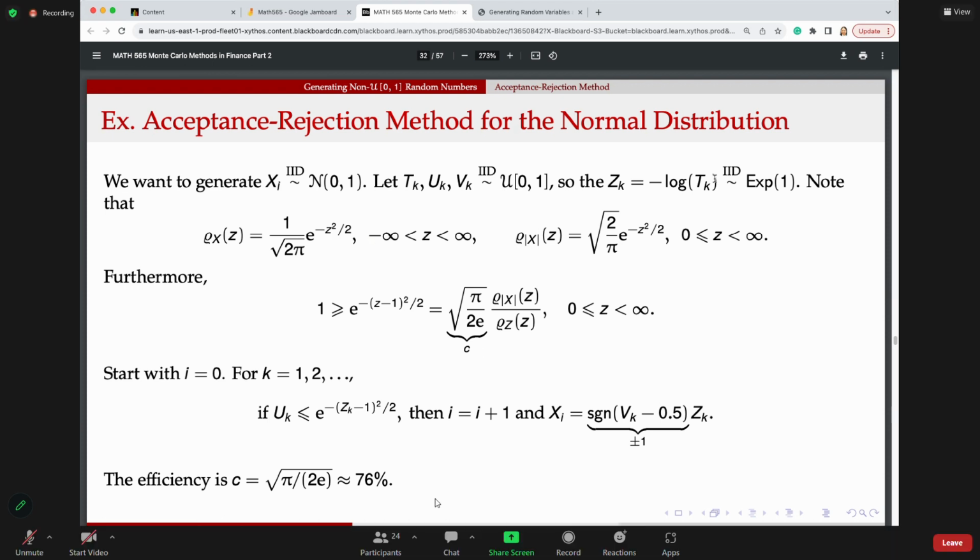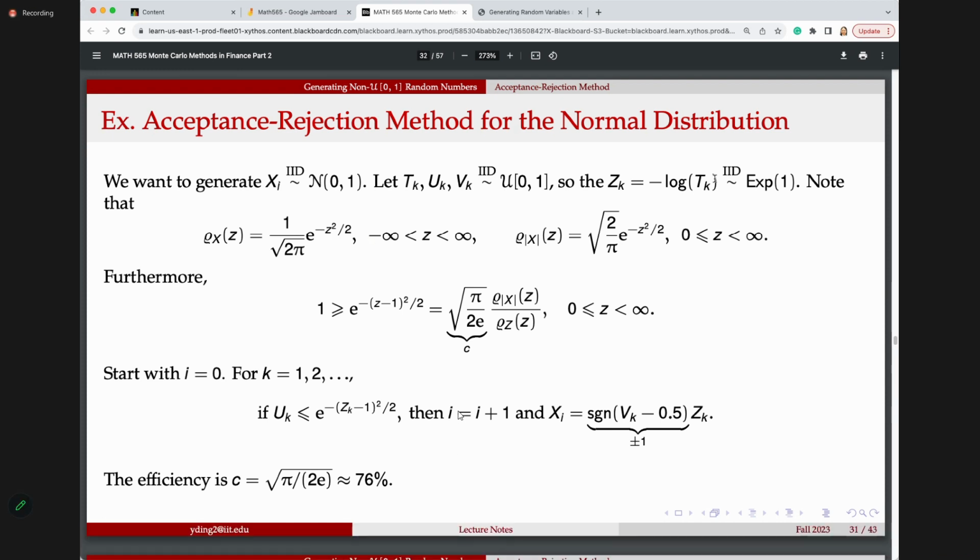Do you have any questions about using the exponential to generate the standard normal? The standard normal has sample space from negative infinity to infinity, right? But the exponential is always non-negative.